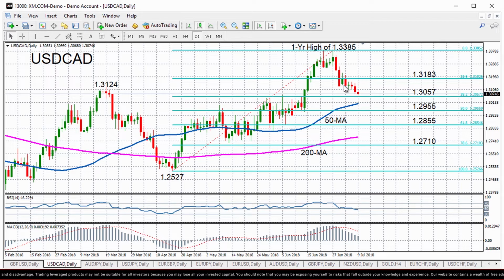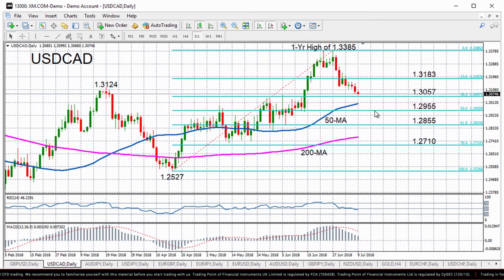If we do see the current downtrend continuing though, there's likely to be support at around 1.3060. That's the 38.2% Fibonacci of the upleg from 1.2527 to 1.3385. A breach of that support would open the way towards the 50-day moving average, which is just around the 1.30 handle.